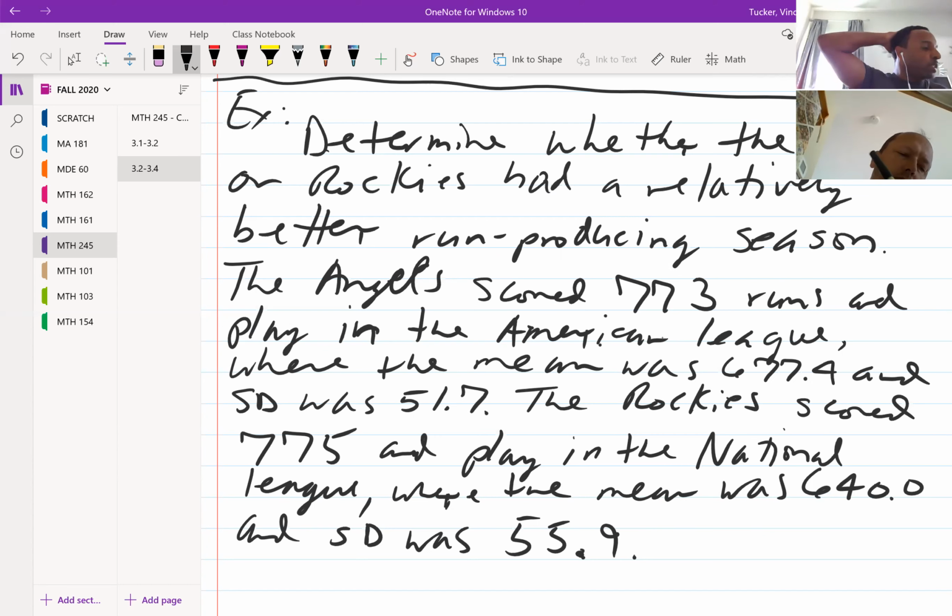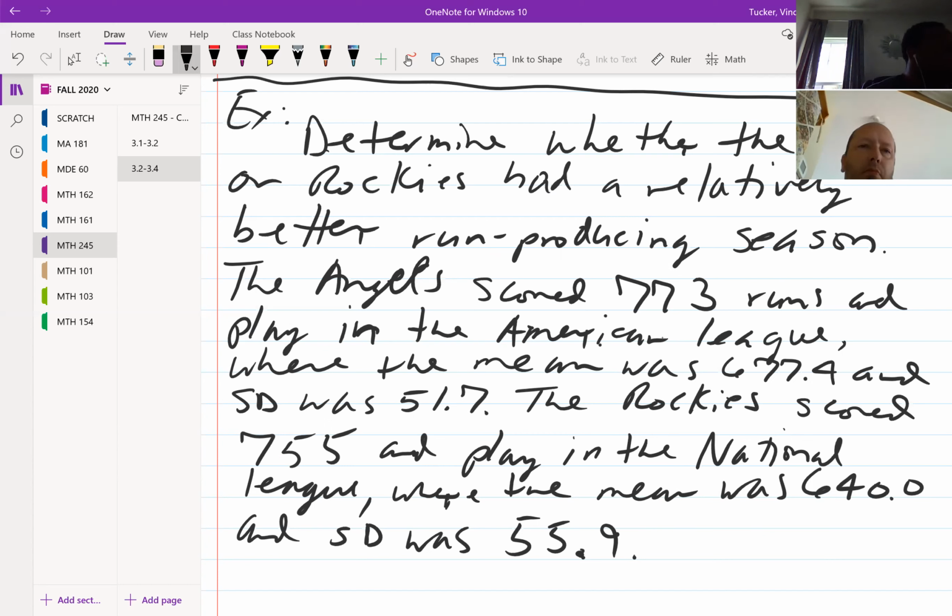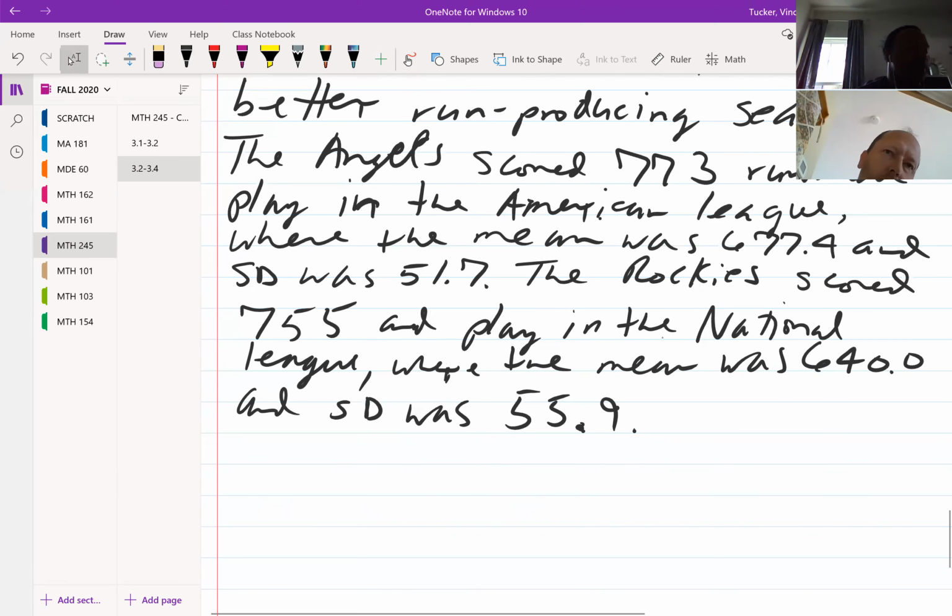The Rockies scored, sorry, not 775, 755 runs. They played in the National League, where the mean was 640 and the standard deviation was 55.9. So we want to see who had the better run producing season relatively, and that's relative to the league that they played in. If you know a little bit about baseball, then you know that the American League has a little bit different rules than the National League, so it does matter.